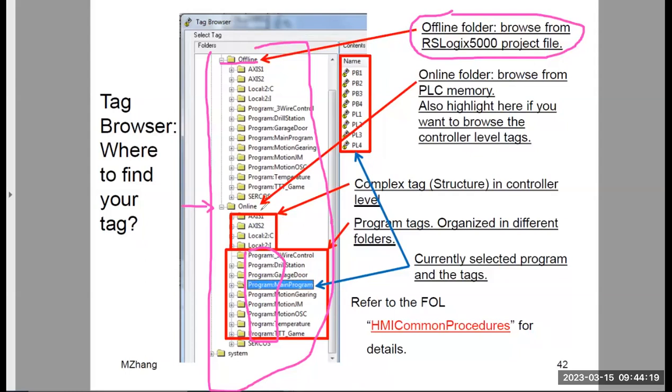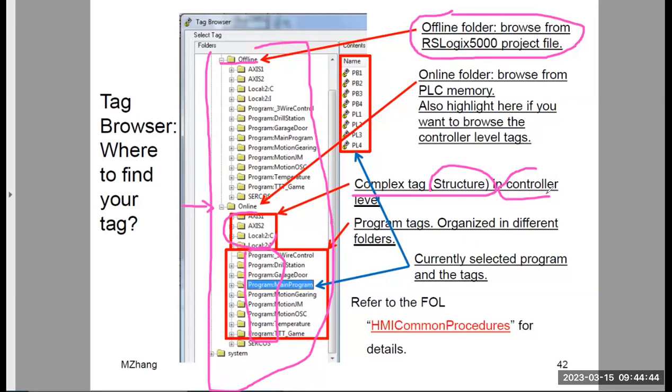All right. Then there are also other folders underneath here. Those folders, you can see here, are called complex tags, or we call them structures. For example, timers. Later on, we will talk about timers and counters. If you create them on the controller level, you will see them here underneath this online folder.